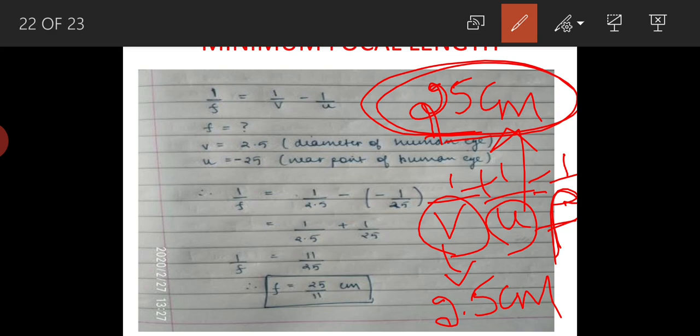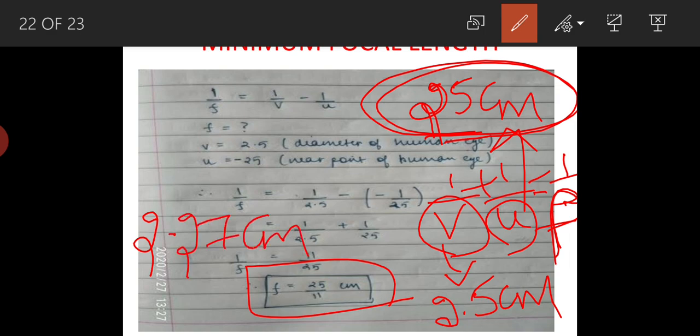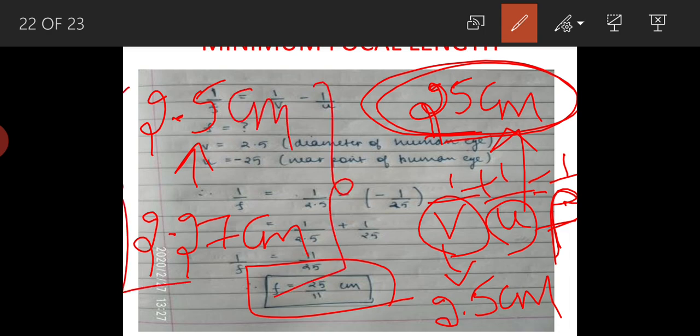So 1/2.5 + 1/25 = 1/f. If you solve this equation, you will get f = 25/11, which is equal to 2.27 centimeters. So the focal length of the eye lens changes between 2.25 and 2.5 centimeters. Between these values, the focal length of the eye lens changes.